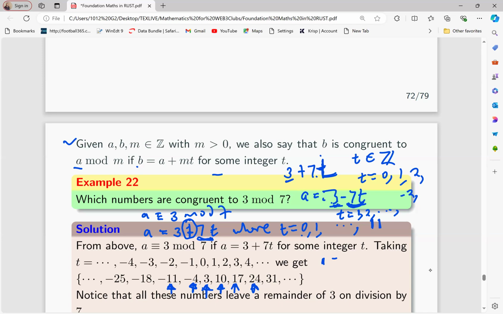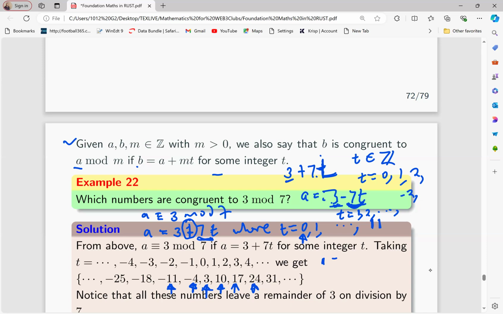So the thing is, if I want positive values, my t is defined to begin from 0 onwards.